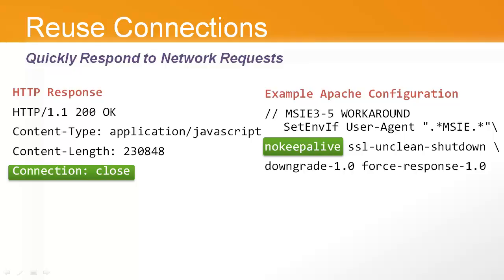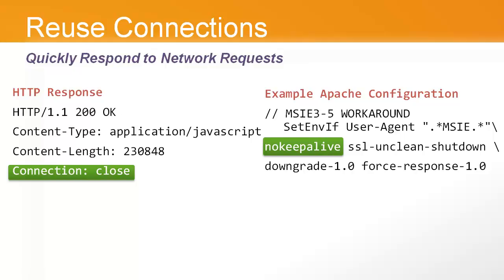Now, you have to be careful about something. There are some Apache configurations that keep this as part of their config file: nokeepalive and ssl-unclean-shutdown. This means that for any user agent that is Internet Explorer, connections are not going to be kept alive, especially SSL connections, which are very expensive to open.